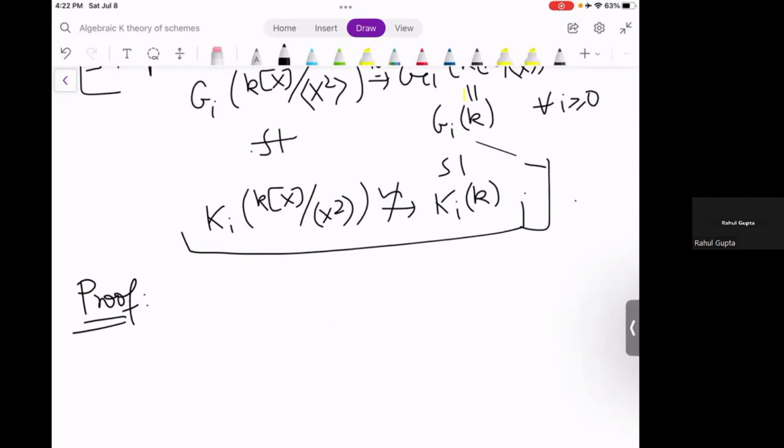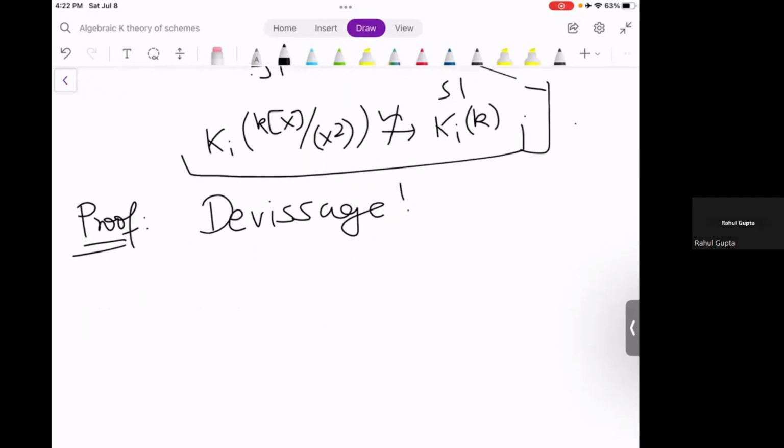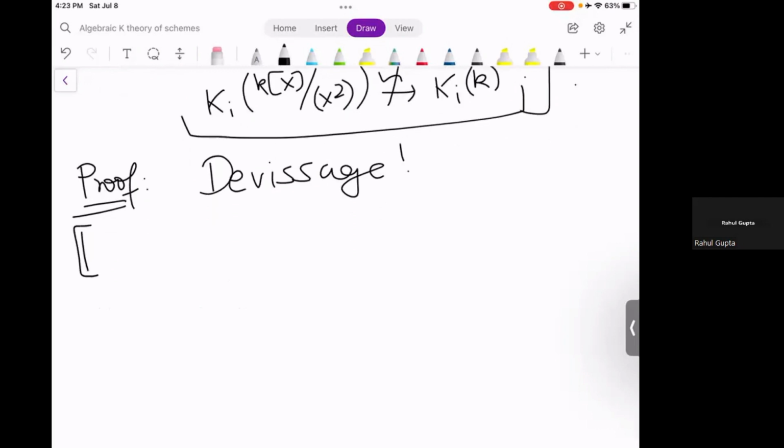So how to prove such a thing? In one word, if you ask me, I will just say the resolution theorem and leave it to you guys. But let us try to see what this resolution means and how to apply it. Resolution is a statement about abelian categories.